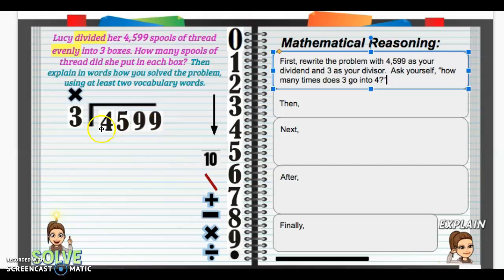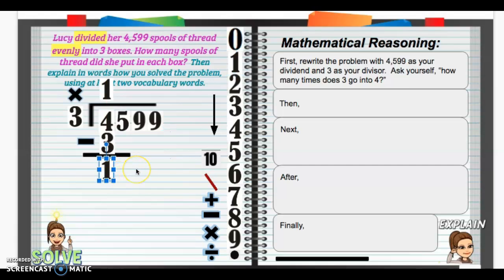All right, so you would do 3 times 1, because that gives you 3. And then you're going to find the difference between 4 and 3. Difference means to subtract. So 4 minus 3, and I will have smaller lines there for you, so you don't need to worry about doing that, is 1.